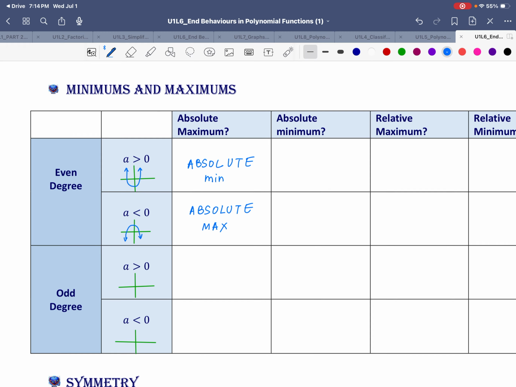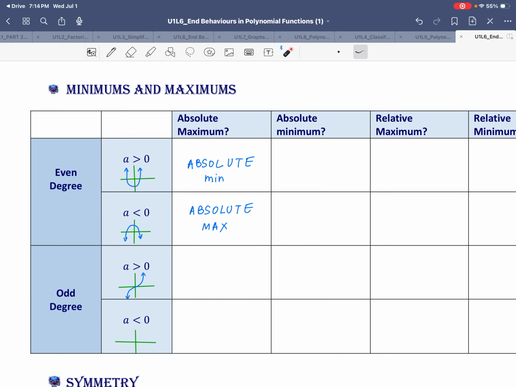Now, for odd degree polynomial functions, remember that they can escape and have no turning points at all, so they don't necessarily have to have an absolute min or absolute max. So if a is positive, let's say I'm looking at the cubic function here just to make things more interesting, but the line can work as well. But lines don't make a turn at all. That's the reason why I don't want to choose the graph of a line here.